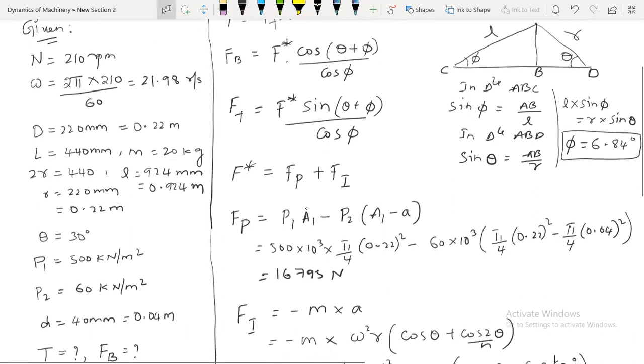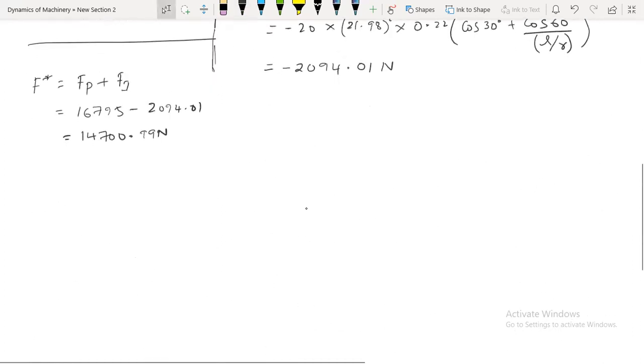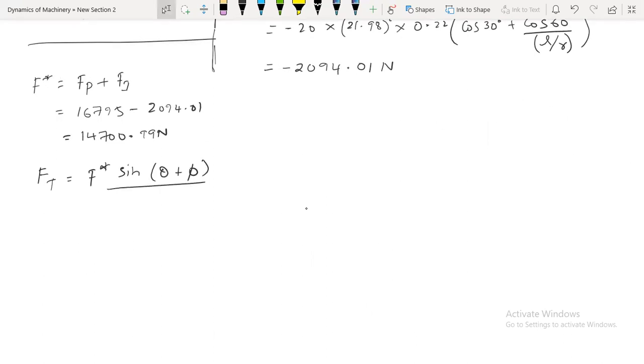Once you have the phi value, you can find Ft. Ft equals piston effort multiplied by sine of theta plus phi, divided by cos phi.